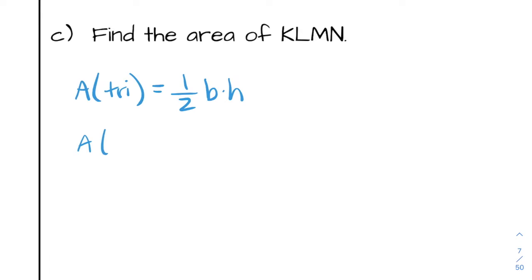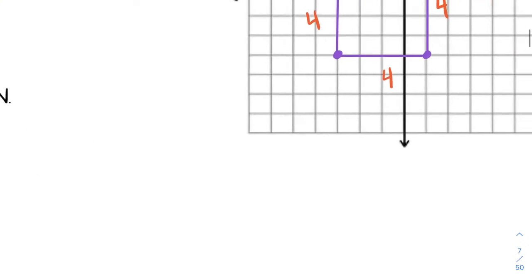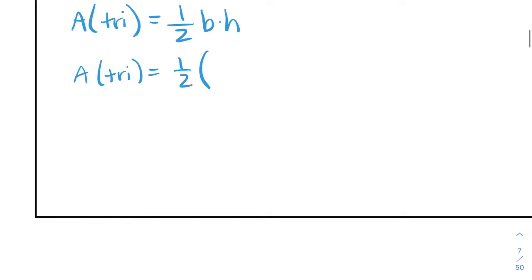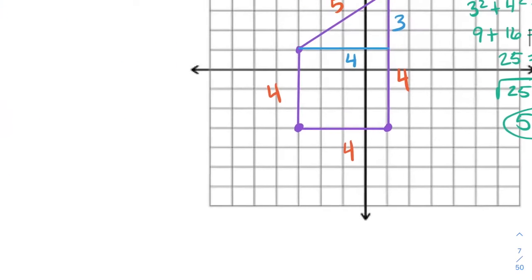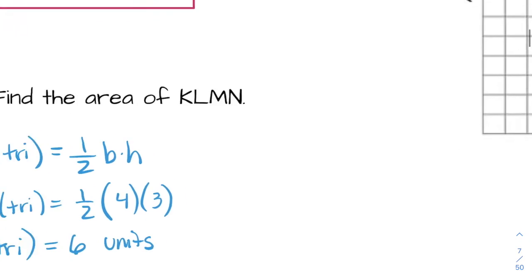So area of the triangle is 1/2 base times height, 4 times 3. So area of my triangle is 1/2 of 4, so 2 times 3 is 6. So 6 units.